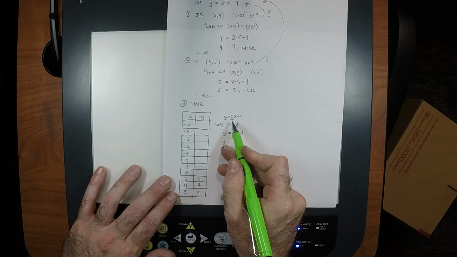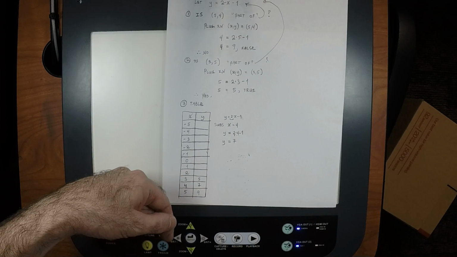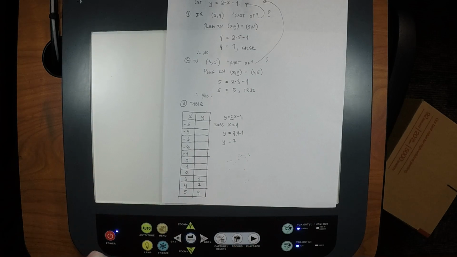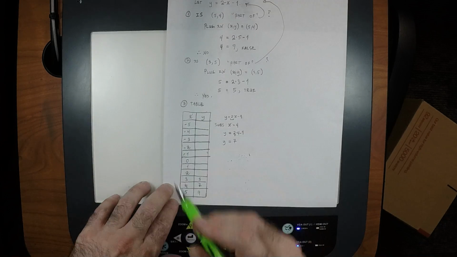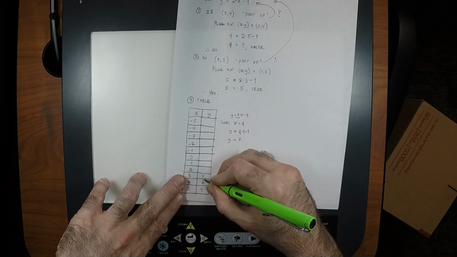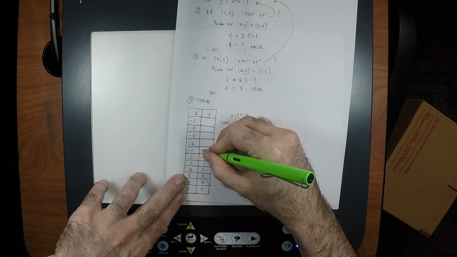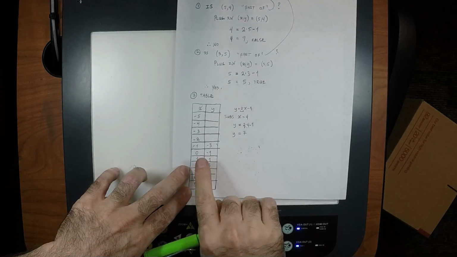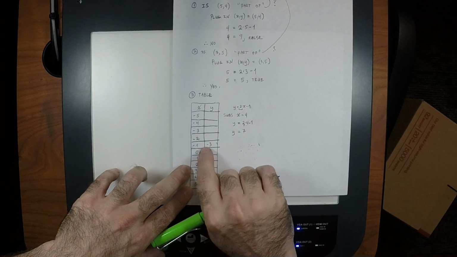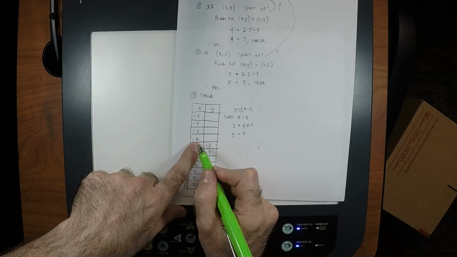If instead of a 2 that were a 22, we'd be counting up by 22. And if it were a 3, we'd be counting up by 3s. So it's easy to fill up the rest of the table by just doing that. So then 9, 7, 5, 3, 1, -1, -3. And you might be worried, like, well, I'm not real sure if that's okay. So let's check this -2 real quick. What if you plug in x is -2?